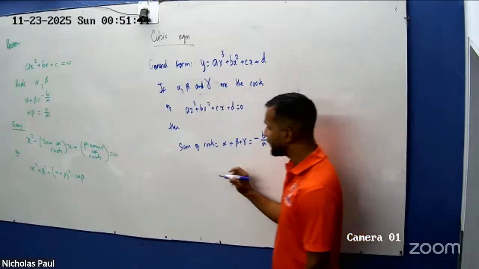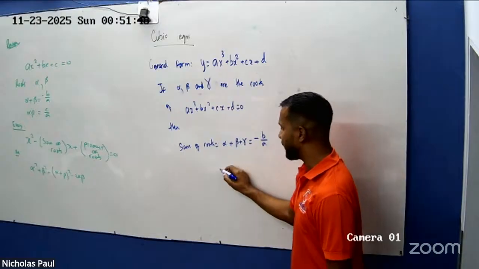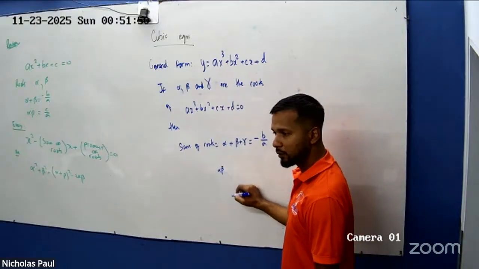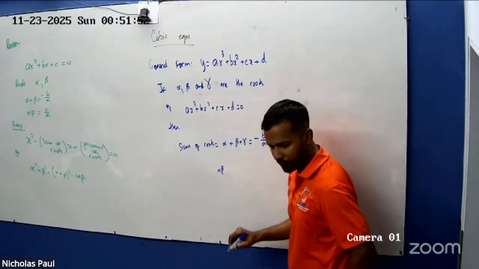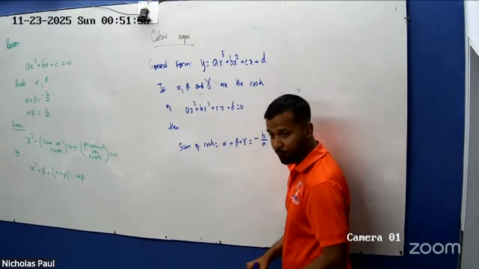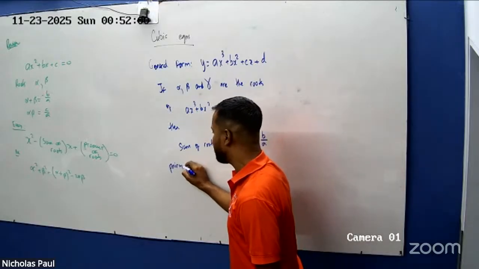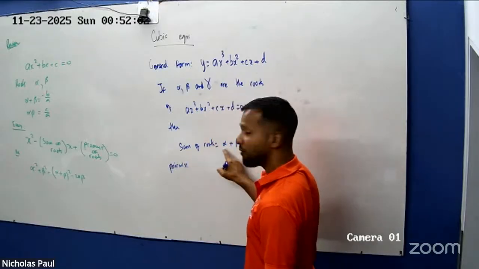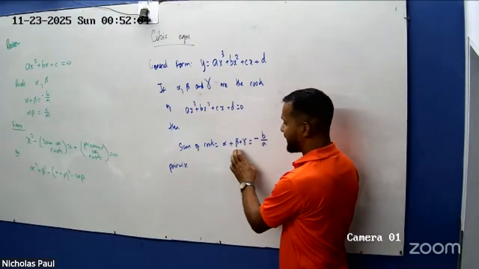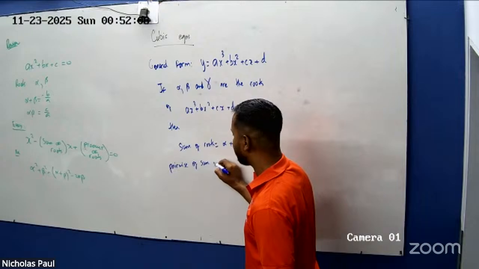All right? And then what do you call this one? We call it the pairwise sum. If you were to find all the different pairs of alpha, beta, and gamma, you end up with the pairwise sum.